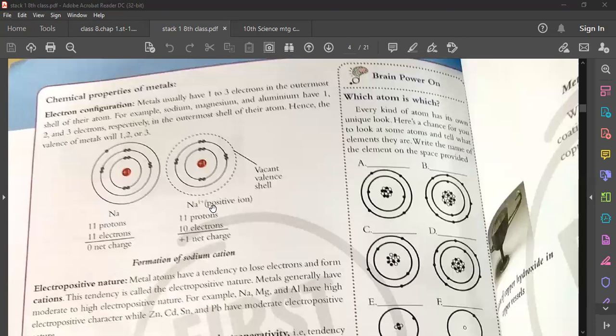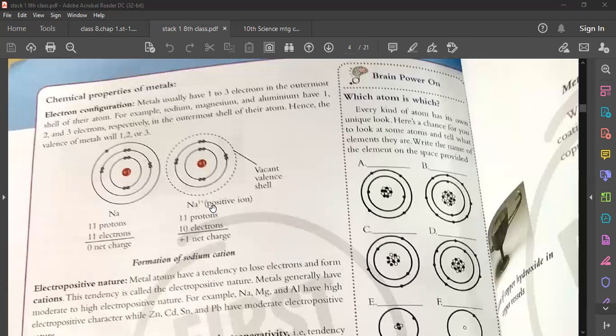Do you remember this homework? What we discussed in the special class? Do you have those notes? Just go through them also. We already discussed all these things in the special class itself: electronic configuration, structure of the atoms.